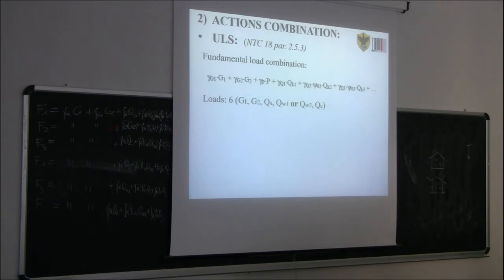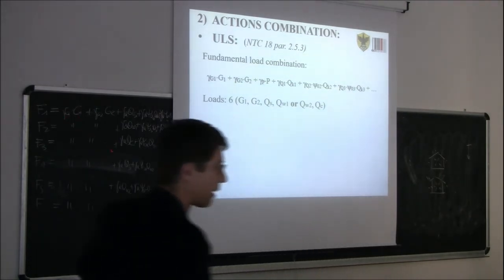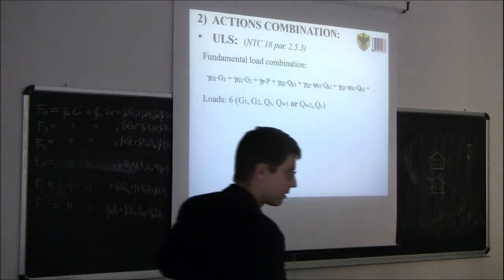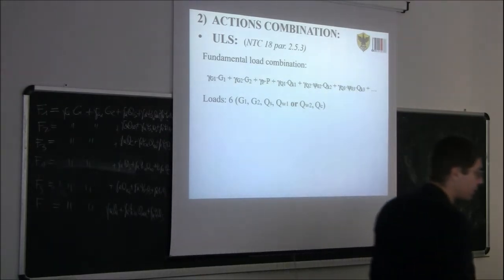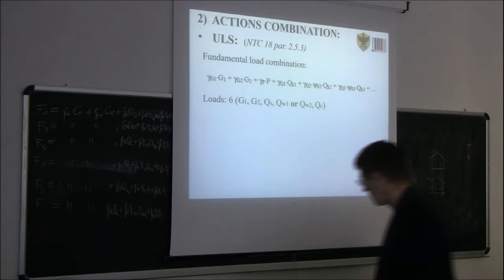So for example, if we start from the first one when we have the snow as a basic load, which value should I use for gamma G1? 1, which is for favorable action, or 1.3, which is for unfavorable loads? 1.3. Why? Because this load is unfavorable.